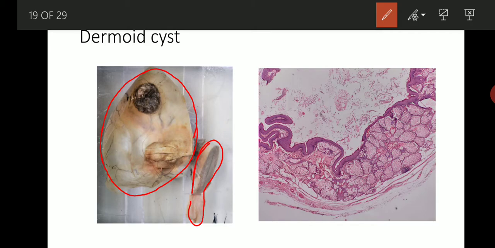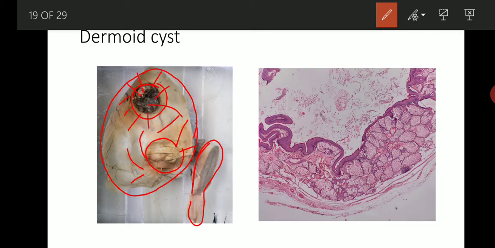So you can say that this is a uniloculated cyst, and the inner wall of the cyst is very smooth appearing, and there are some solid and protuberant areas, and if you see carefully there are a lot of hairs arising from these protruded areas.